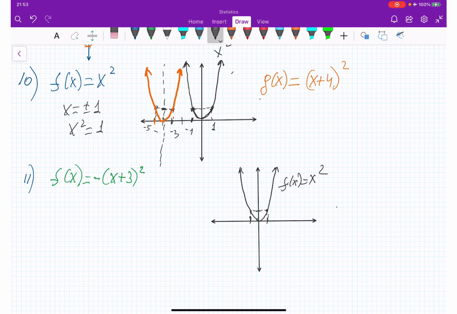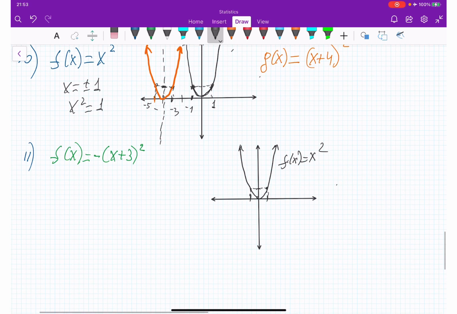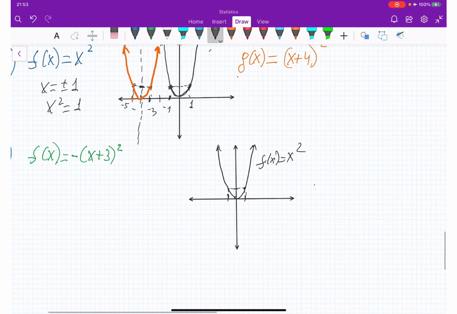So I'm going to build x plus 3 squared and then flip down to get y negative. x plus 3 means I'm moving the graph toward -3, right? This is 1, 2, and this is 3. So the y-axis moves here.